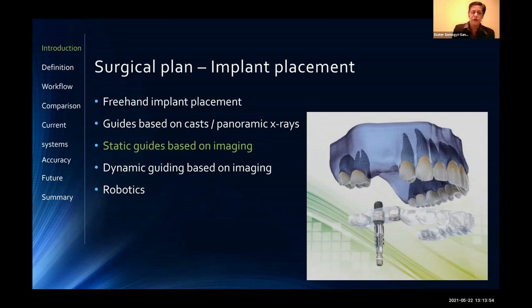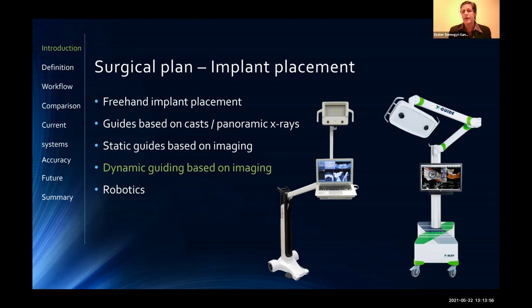What I am going to talk about more today is dynamic guiding, and very often dynamic guiding looks like this. Let me see if I can just get my pointer. This is the Navident system, and this is what I am most familiar with. I will also talk a little bit about the X-Guide system, which is a system from the US.